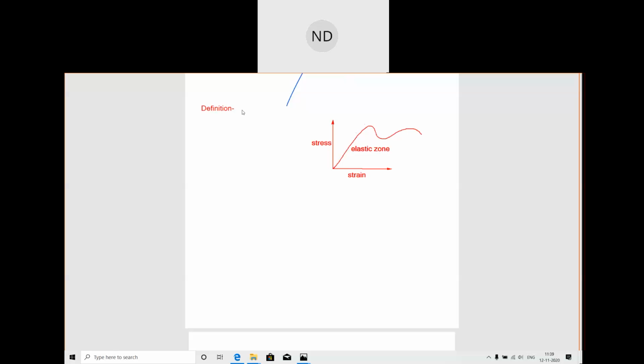You can write here: plastic analysis is defined as the analysis in which the criterion for the design of structure is the ultimate load.